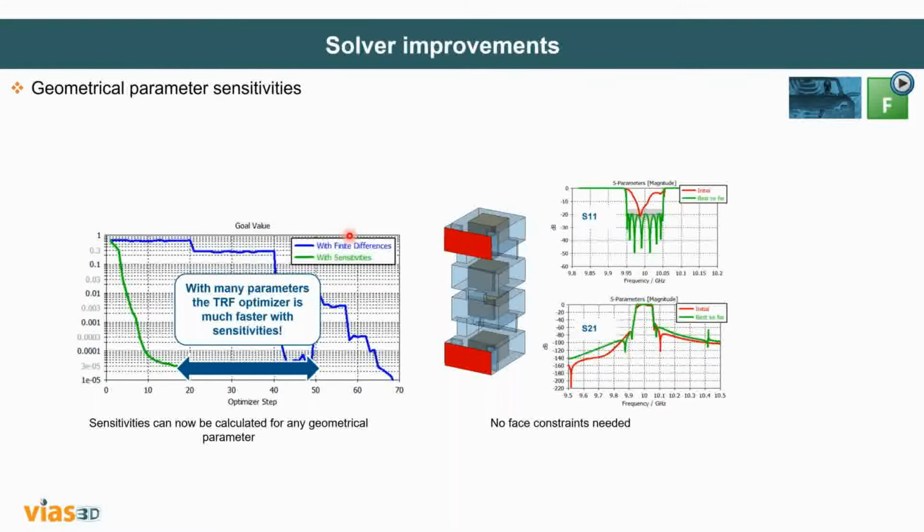In addition, if we now optimize using the trust region framework (TRF) algorithm, these sensitivity values are also directly exploited, and you can see that it converges much faster compared to the finite difference approach we were using in 2021. Now the goal function has converged in 20 iterations. Earlier it was about 70 iterations, giving the same result.